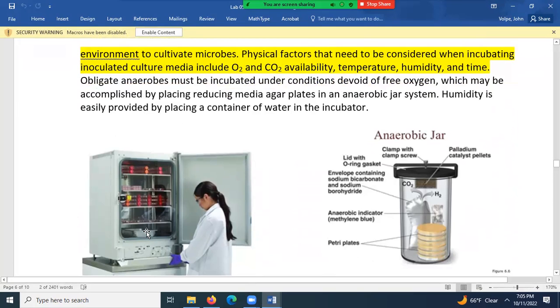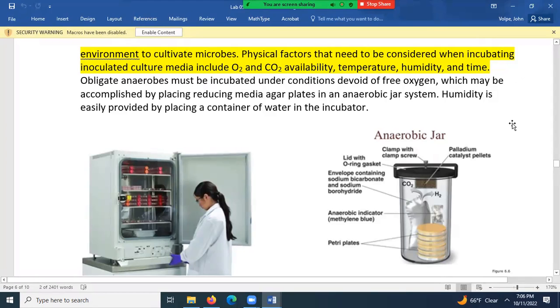If there's water in the bottom of our incubator, it increases the humidity. Now this incubator is much more fancy, and it can include changing the oxygen level, changing the carbon dioxide level, as well as the temperature and the humidity. And then you incubate it for a given period of time.